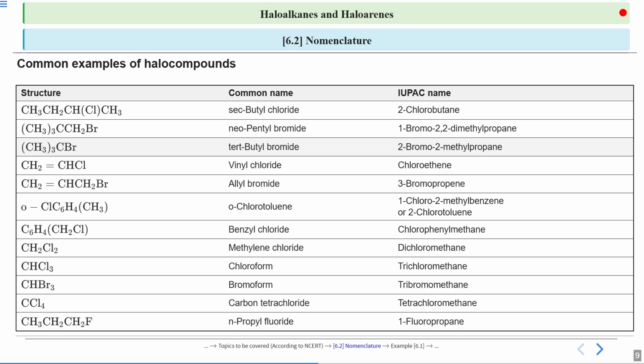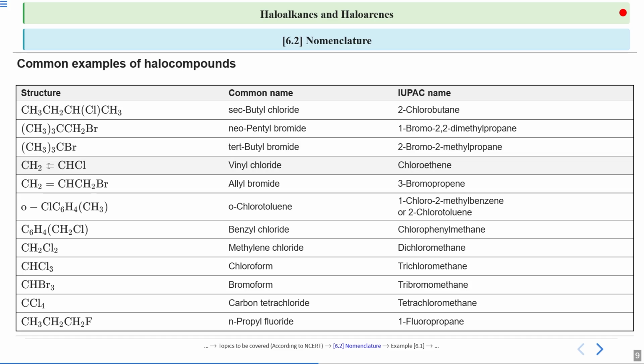The IUPAC name will be 2-bromo-2-methylpropane, because at the second position we have 1 bromine, at the second position we have 1 methyl, and we have propane other than that. After selecting the parent chain of 3 carbons, 1 methyl will be the substituent and the other 2 are in our chain. So it will be 2-bromo-2-methylpropane.